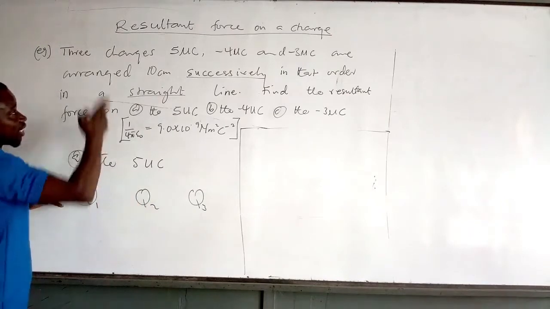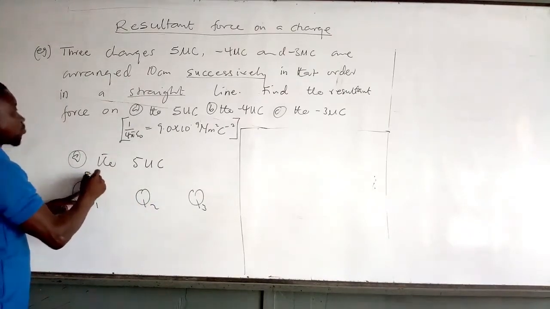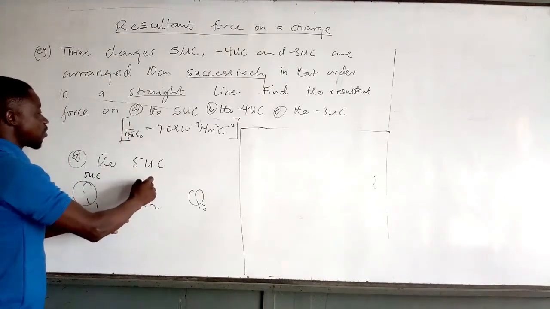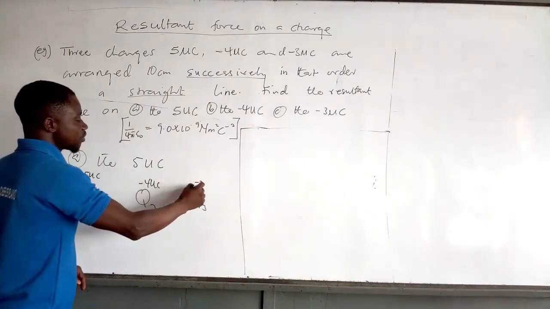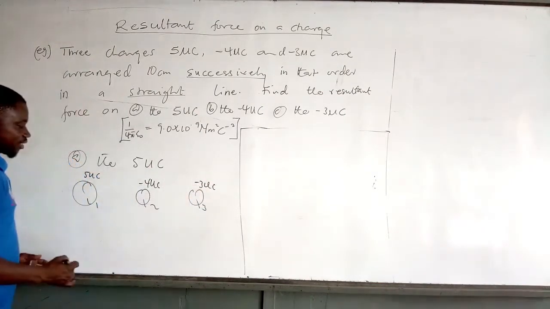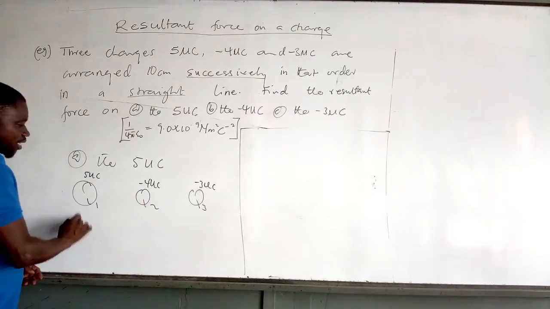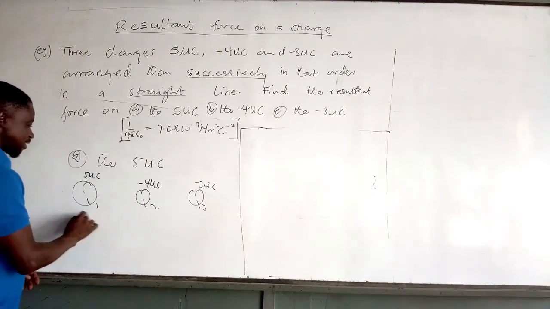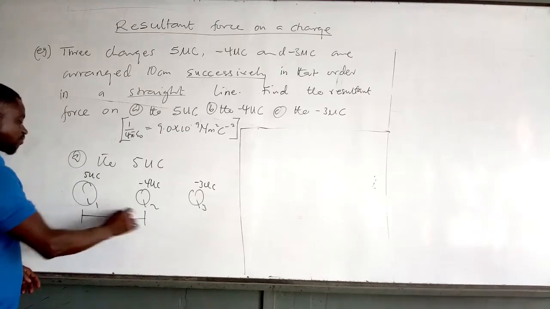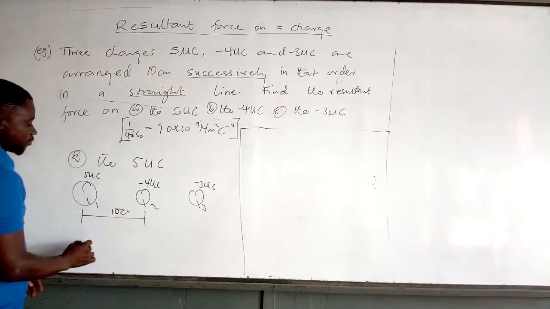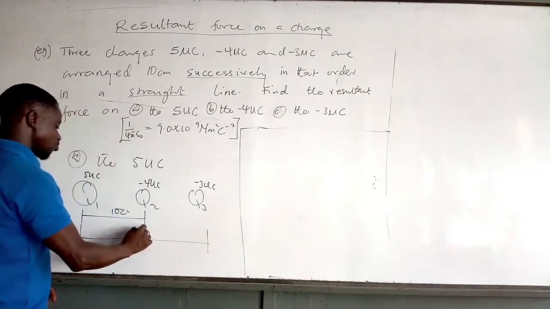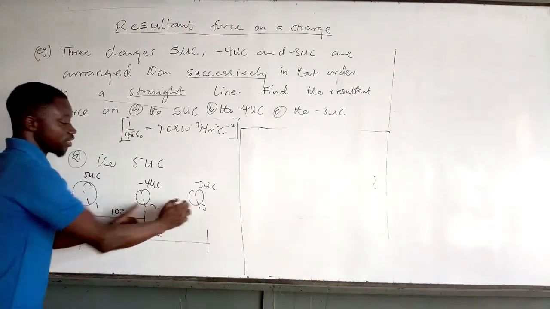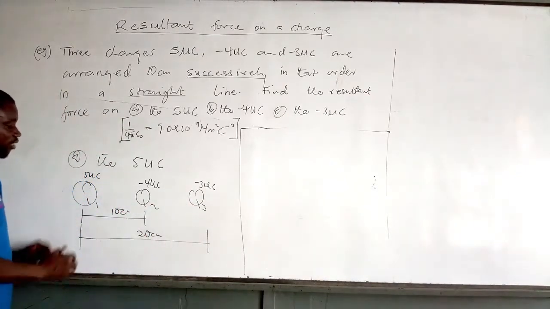In that order means that the first one will come first, 5 microcoulombs, the next one will come next, minus 4 microcoulombs, and the next one will come, minus 3 microcoulombs. Then, because they are successively 10 centimeters, the distance from here to here is 10 centimeters. And the distance from here to here is 20 centimeters, because from here to here is 10. So that will be 20 centimeters.